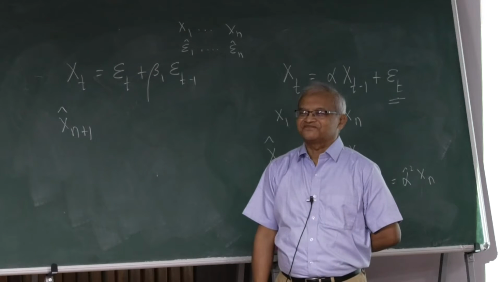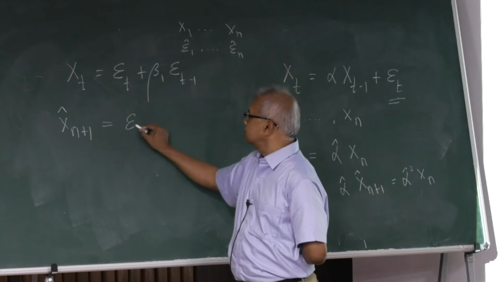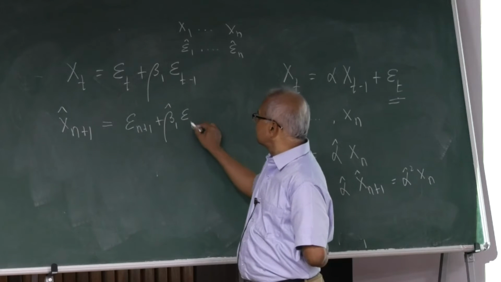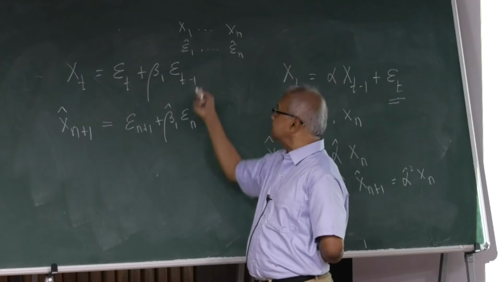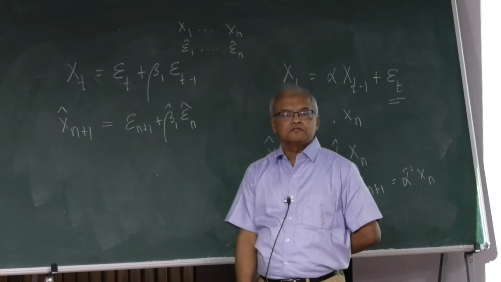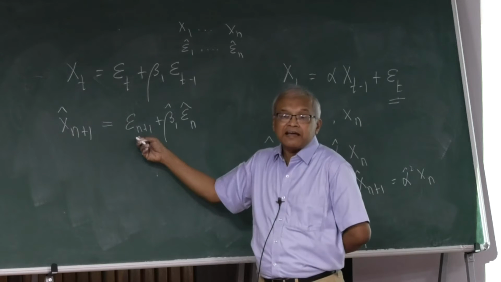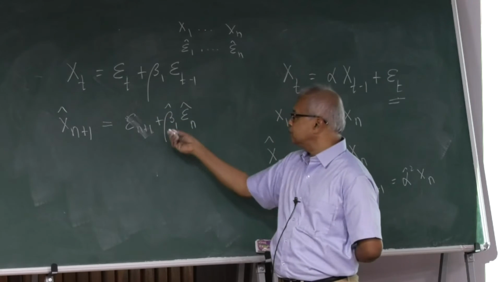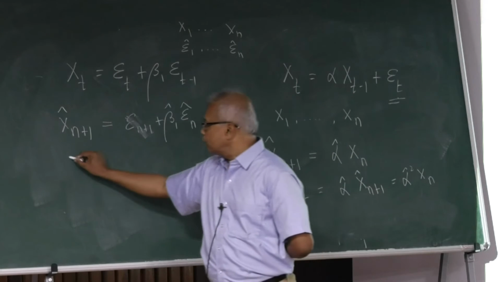Yes? This is equal to what? Beta 1 hat. This? I can estimate this, I have got this, so I can put a value to this. What about this part? I don't know this value. On the average this is 0. So on the average I do this. Okay. What about this?